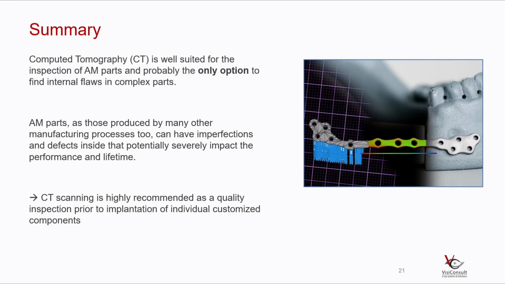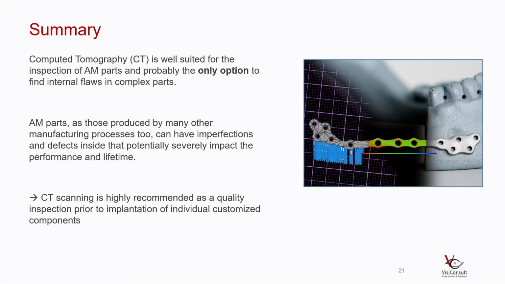To sum up our talk, we have 3 messages. CT is mainly the one method to test parts with regard to internal geometries, voids, flaws, as well as cracks and imperfections, and that's why CT scan should be used especially for patient implants if they are individually manufactured.